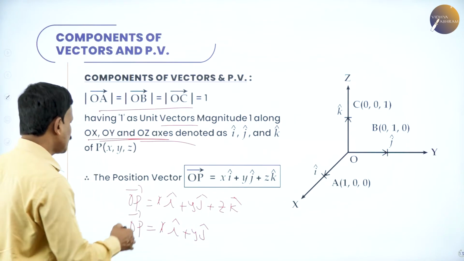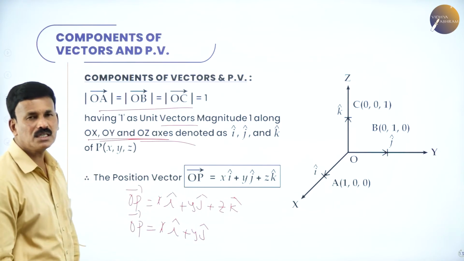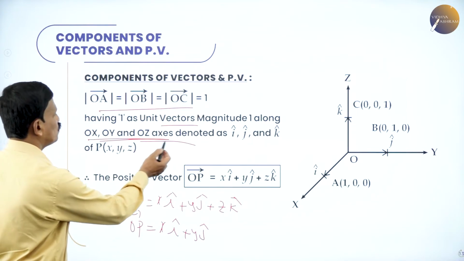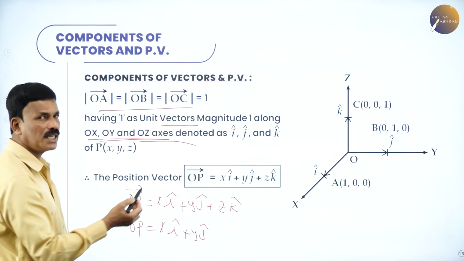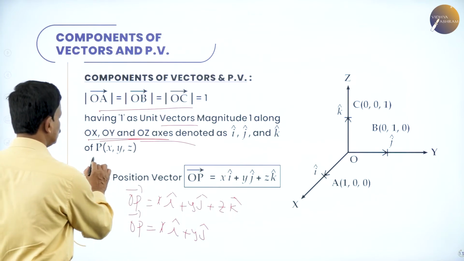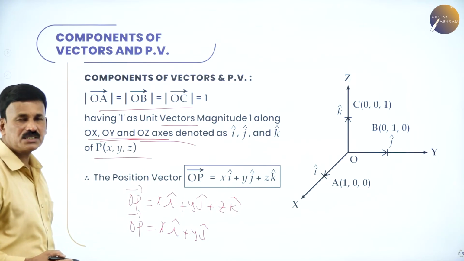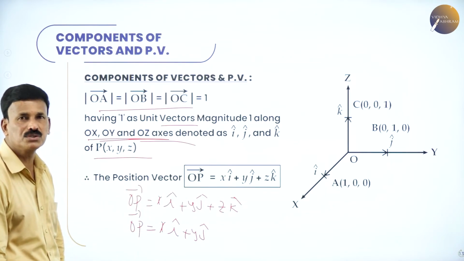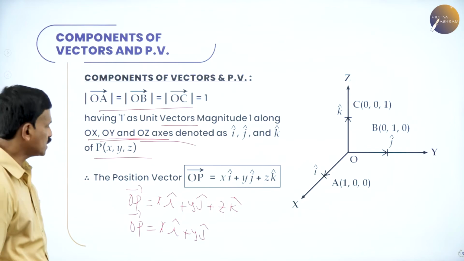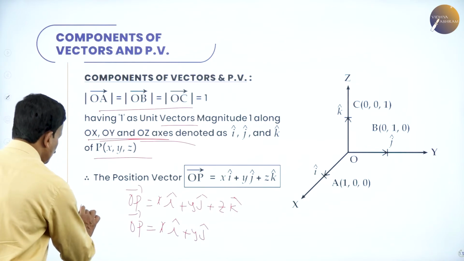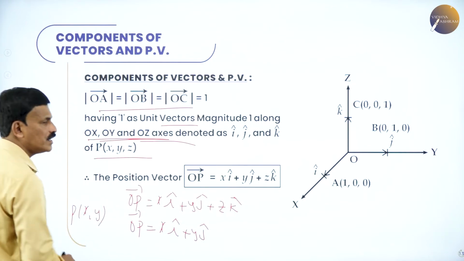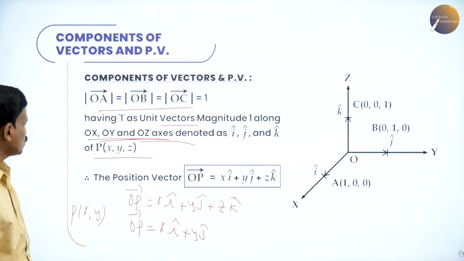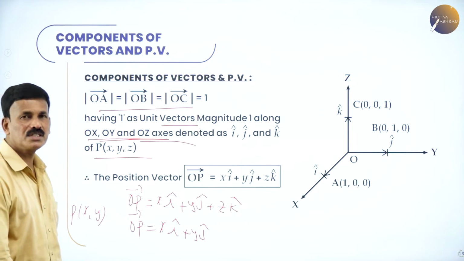If we take the magnitude of this, that is called the length of OP. So this is a very, very important concept. The position vector of the point P (X, Y, Z) is given by vector OP is equal to Xi plus Yj plus Zk. Similarly, the position vector of the point P (X, Y) is given by vector OP is equal to Xi plus Yj.